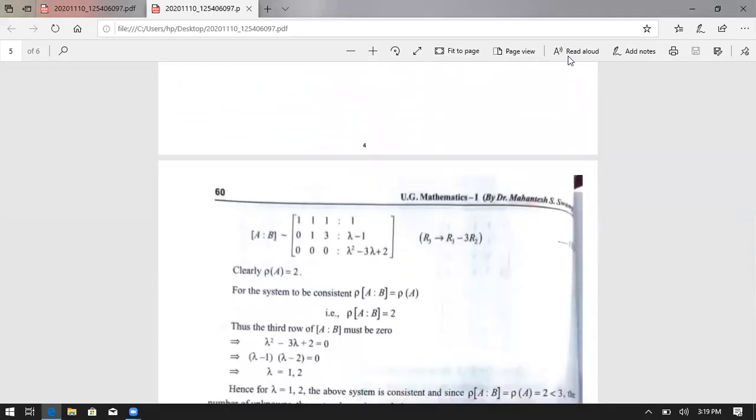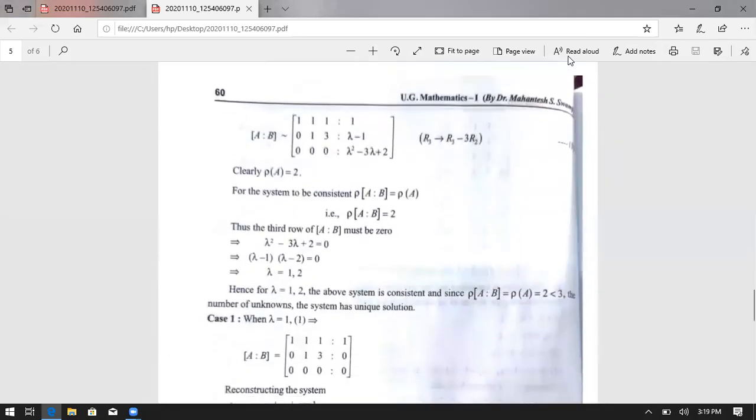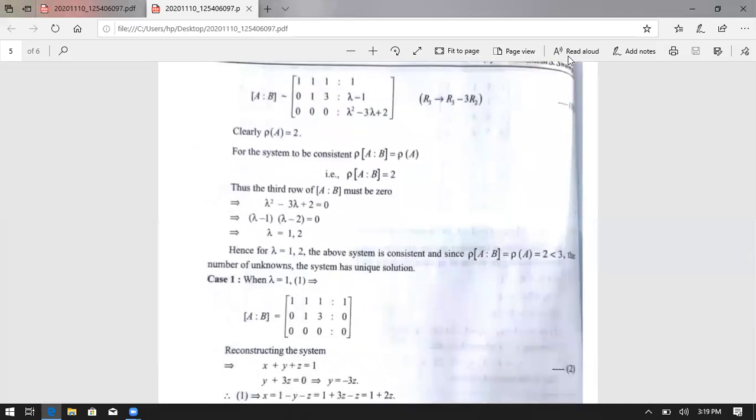Here, next step is R3. Next one, here 3 is there, that's why R3 is equal to R3 minus 3R2. Okay, here 3 is there. I replace that one.